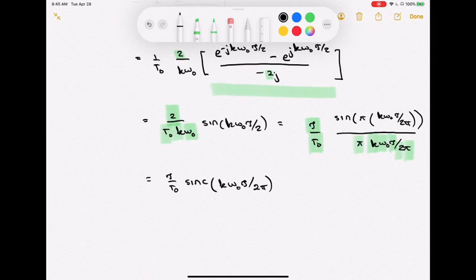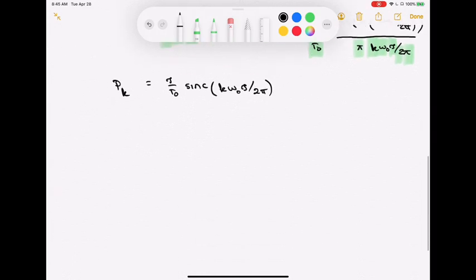Okay, so out of all of this, this is my cap p sub k. So I'm going to just reclaim this or kind of re-mention it. So we have a p sub tau comma t naught of t, right? That's our tau by t naught duty cycle DC offset square wave, and it's going to have a set of Fourier series coefficients, p sub k, being equal to tau by t naught sinc, right?